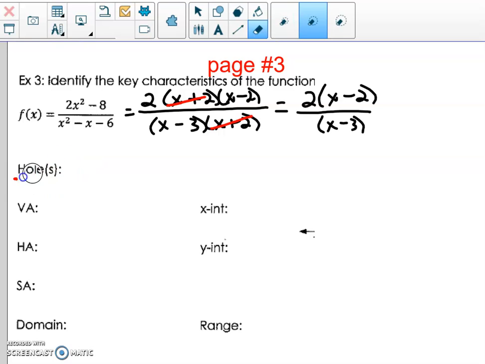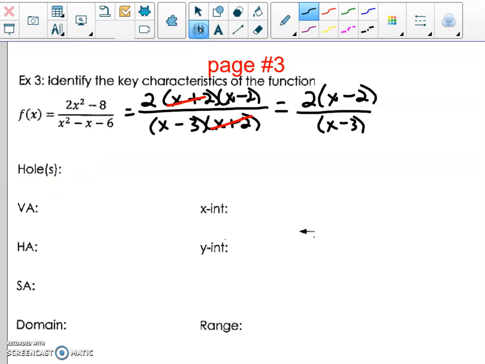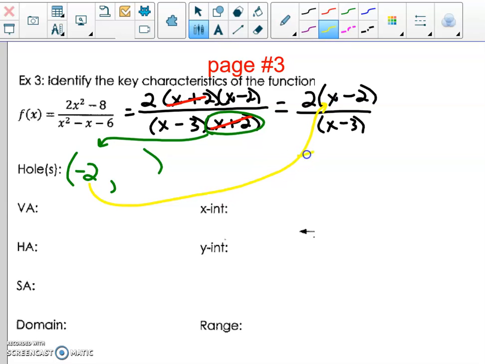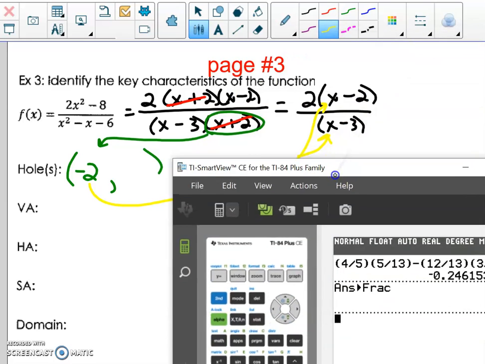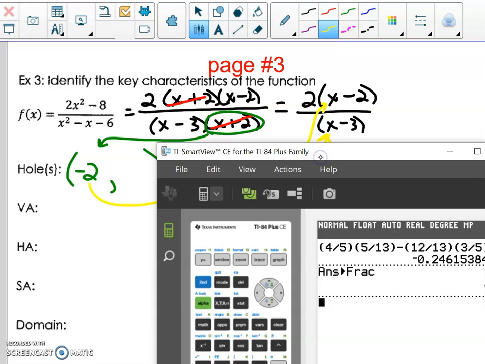All right, so we're going to have an ordered pair called a hole. The x plus 2 tells us that our x value is going to be negative 2. We're going to take that negative 2 and plug it back into both of these. So I'm going to use my calculator to speed this process up.